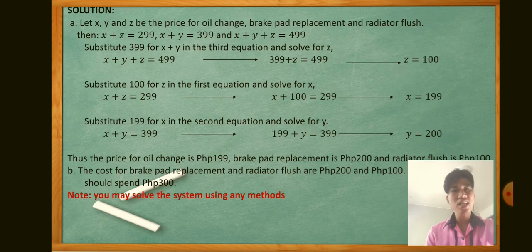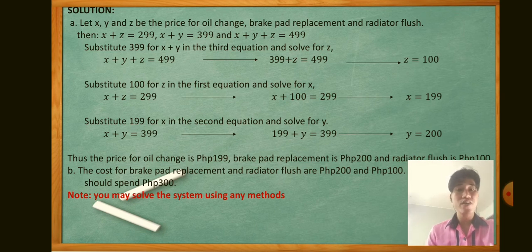So 399 plus z is equals to 499. Transpose, so it will become z is equals to 499 minus 399. So z is equals to 100.